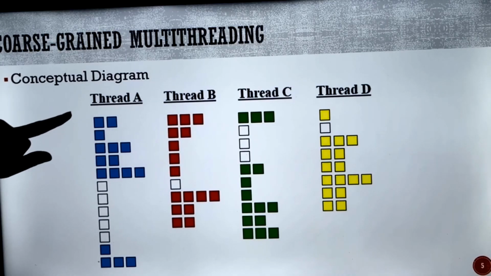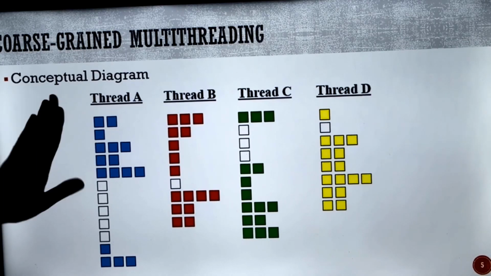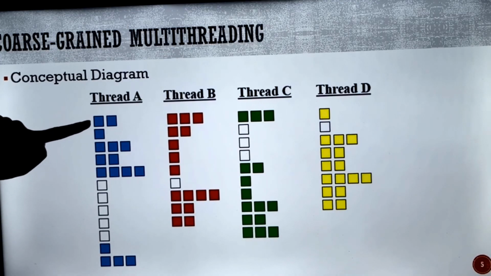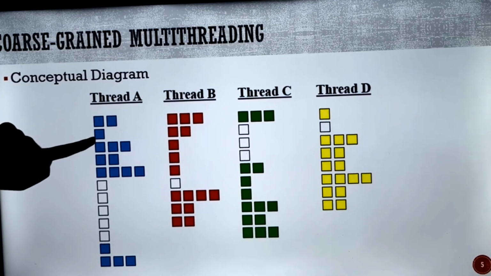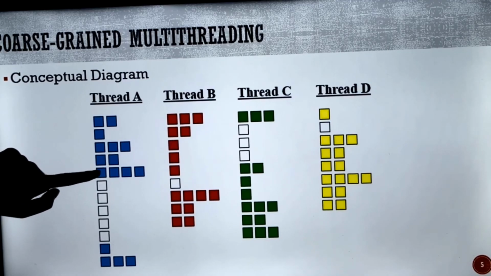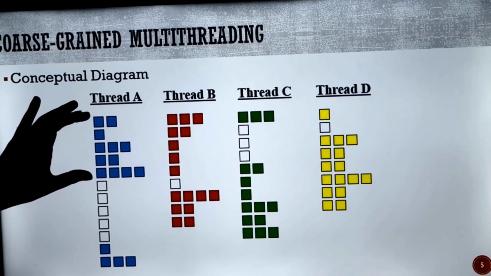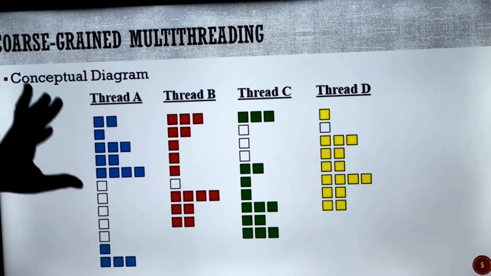So I will start executing thread A first. I will execute the first instruction, second, third, fourth and fifth. These 5 instructions I will execute first from thread A. In the meantime, B, C, D will be waiting.